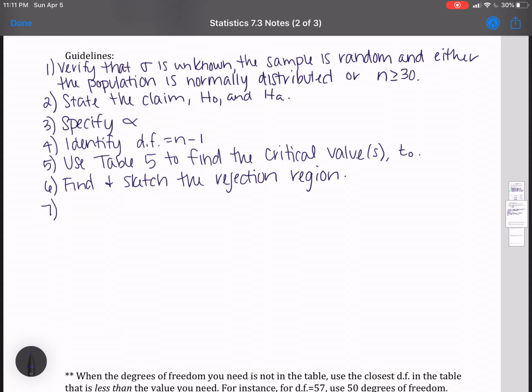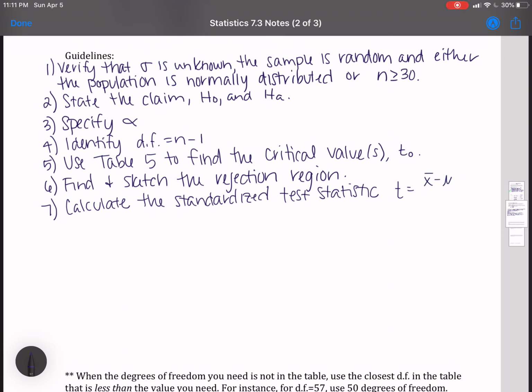Step 7, we're going to calculate the standardized test statistic. Remember, that's our formula: t equals x bar minus mu over s divided by the square root of n. Once we know that test statistic, we can determine if it falls in the rejection region or not, which is going to allow us to make a decision.